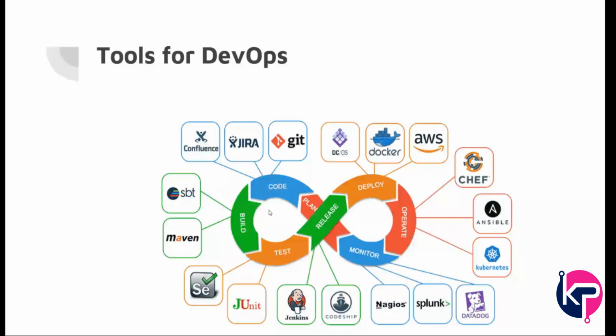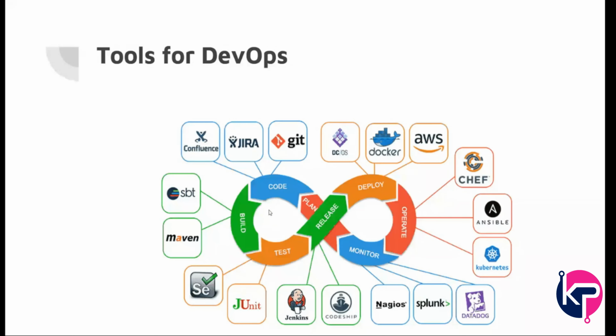Whereas if you are just deploying on a virtual machine, it will be very difficult to manage. So we have Datadog, Splunk, and Nagios. These are the monitoring tools where we can monitor the applications or monitor the issues, like what's going on with our current system. Everything will be monitored.